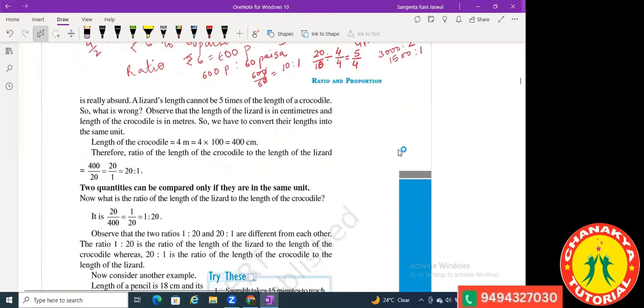Now, if I give you 5 by 6, please find 3 equivalent ratios of this.